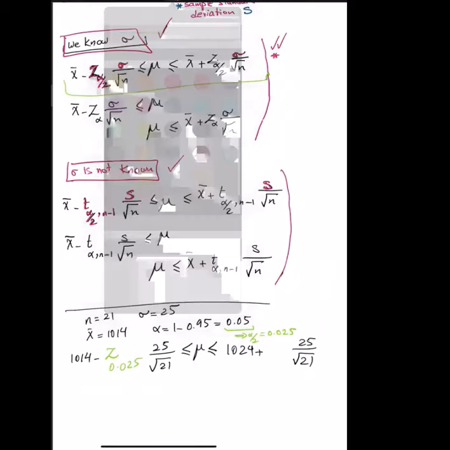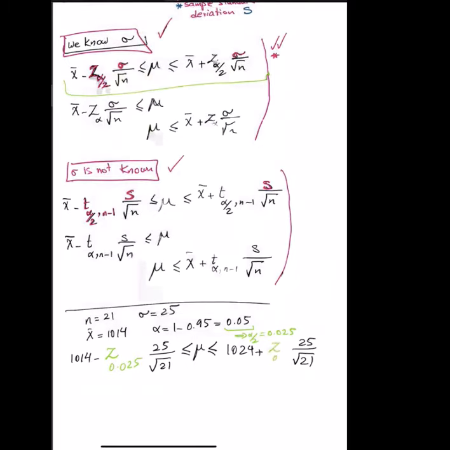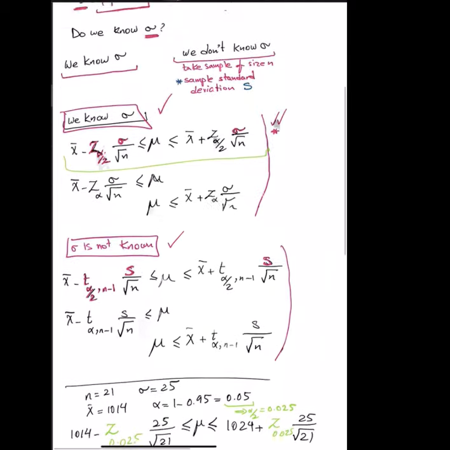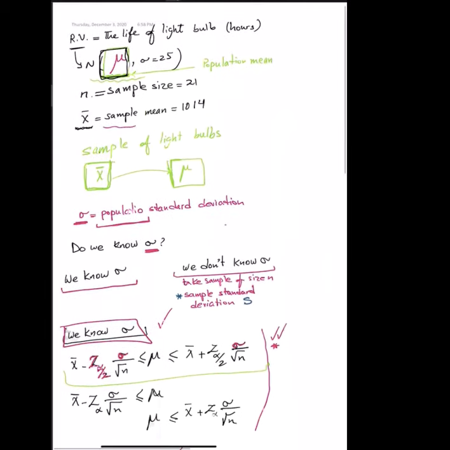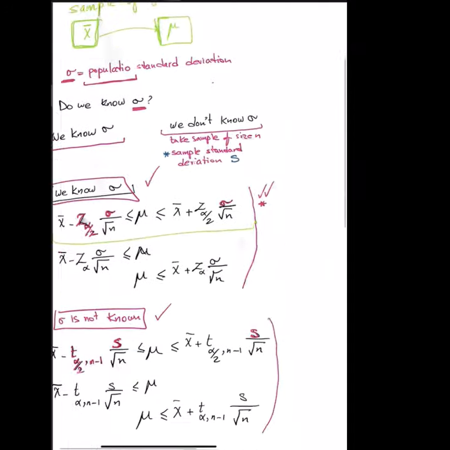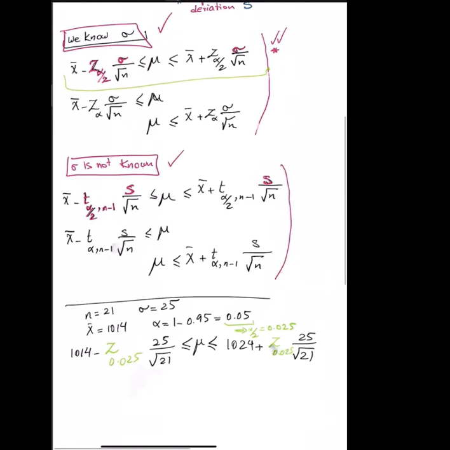And here again I have to put z of 0.025. To be able to find z... Where did that number 1024 come from? This is the average of the sample. I think it's 1014. Sorry, 1014. Okay, my bad then.